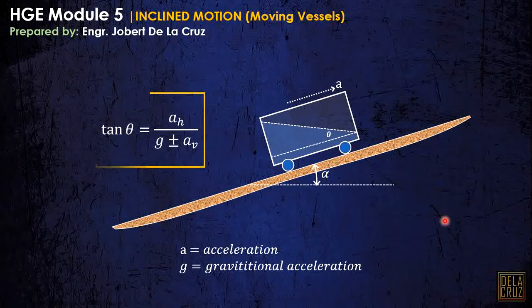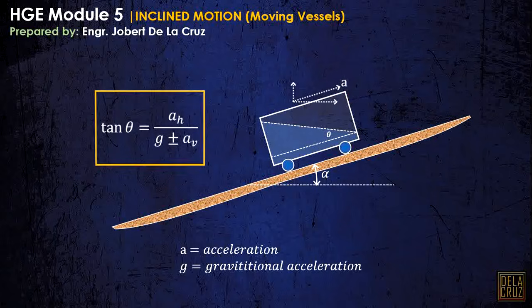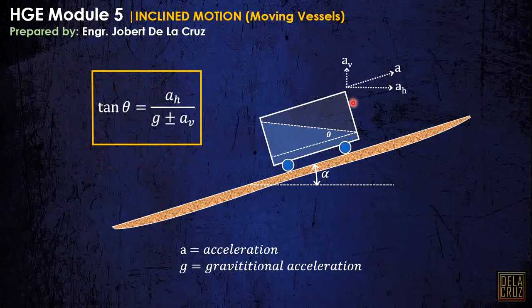So, if we are to look at this one, the same lang parang sa mechanics, no? If this is our angle, our acceleration, then this is our vertical component of acceleration, this is our horizontal component of that acceleration, no? And of course, if this is alpha, this is also alpha.